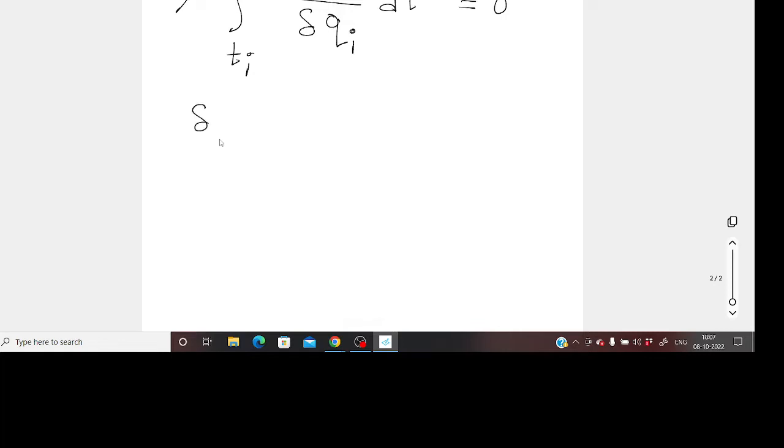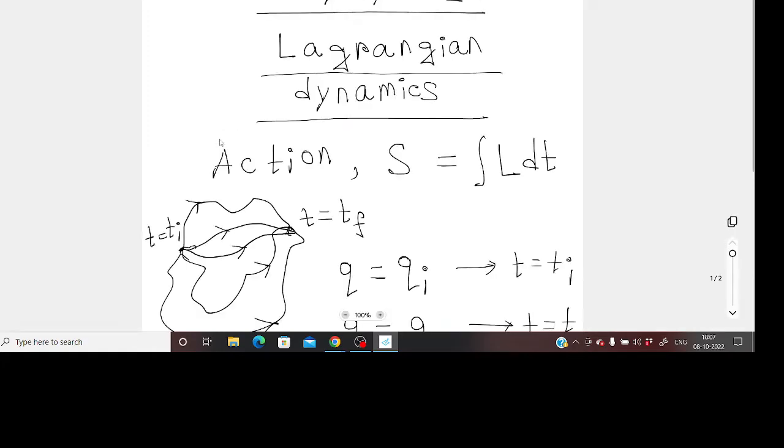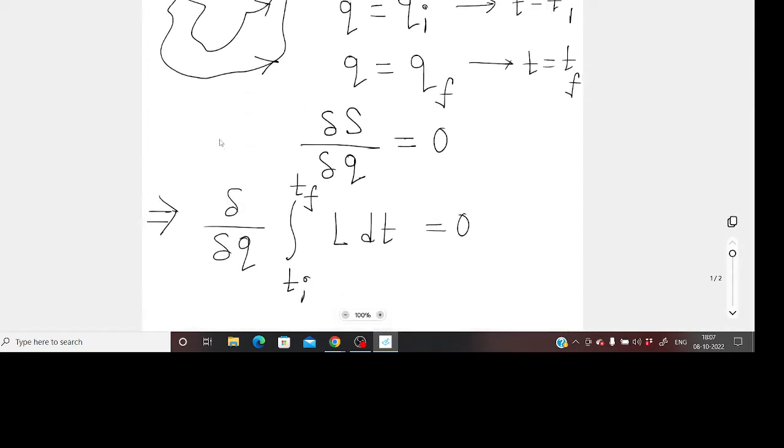Now what is this quantity? Okay, so let's consider this thing. Delta S equal to 0. So delta of the integral of L dt will be 0, right?